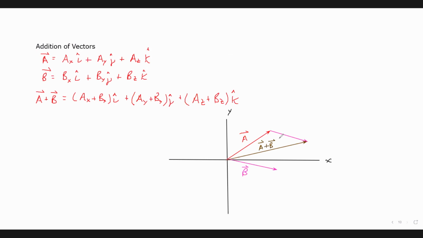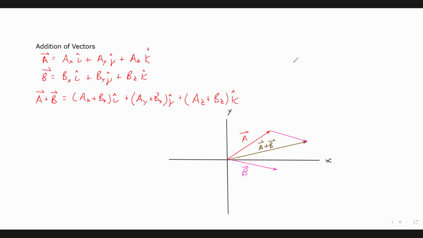So let's say that A and B represent displacements. I go from the origin to the point given by vector A, and then from that point, I go to the point given by vector B by putting the tail of B at the head of A. My resultant is just adding them together geometrically.